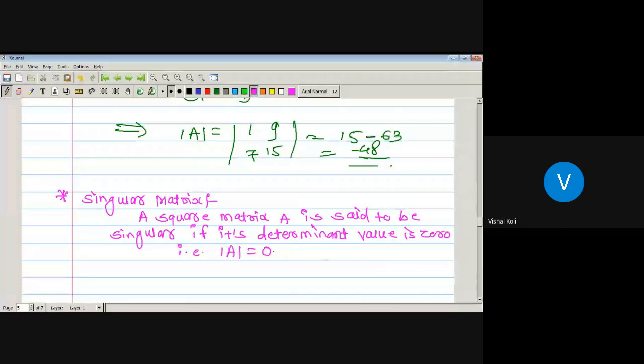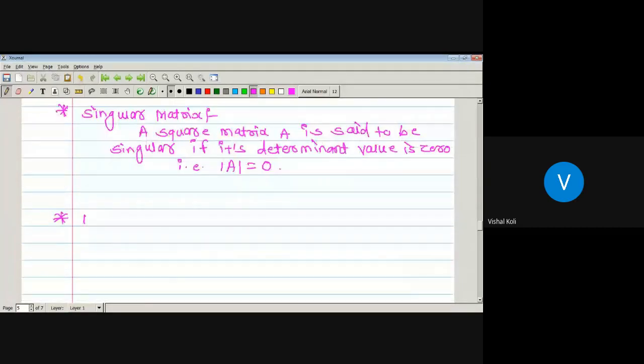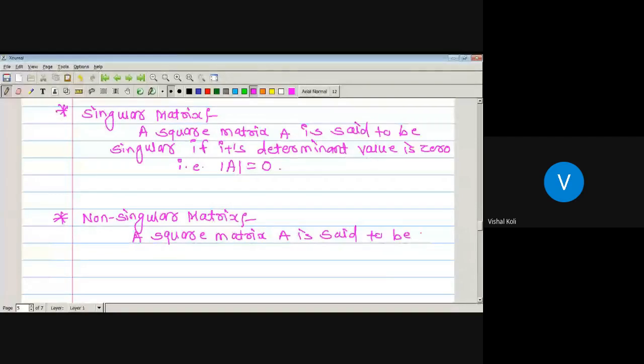Similarly, a non-singular matrix. A square matrix A is said to be non-singular if its determinant value is non-zero, that is, determinant of A is not equal to 0.